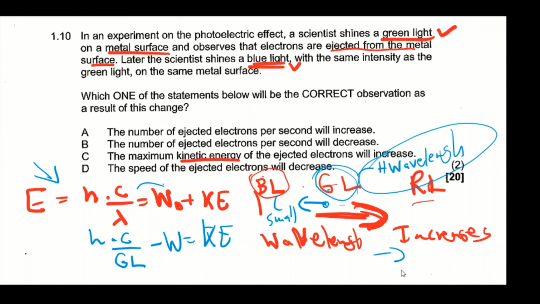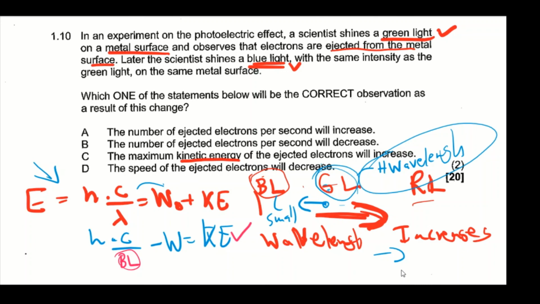Since we're starting from green to blue, it will change: instead of the green light, now we use the blue light. The blue light has a small wavelength, which means the kinetic energy will be larger.